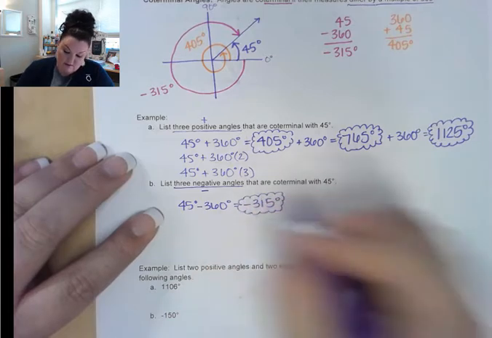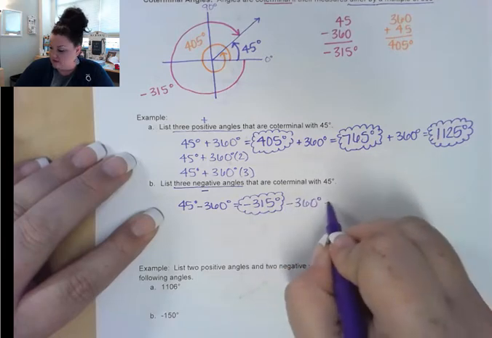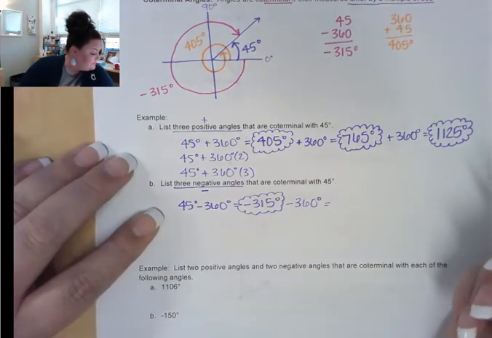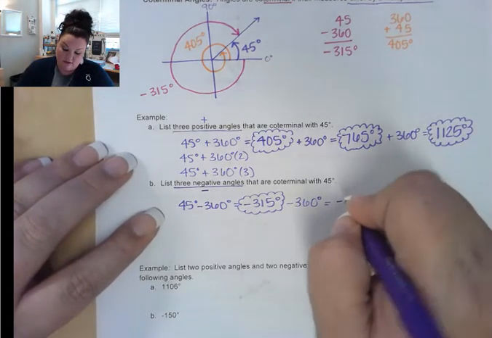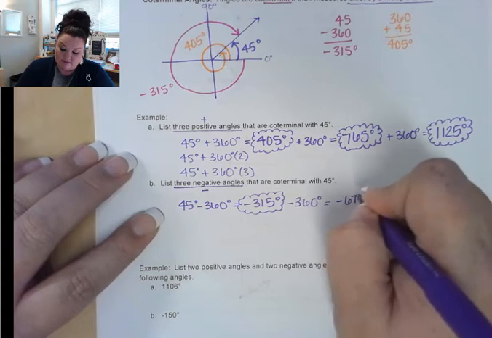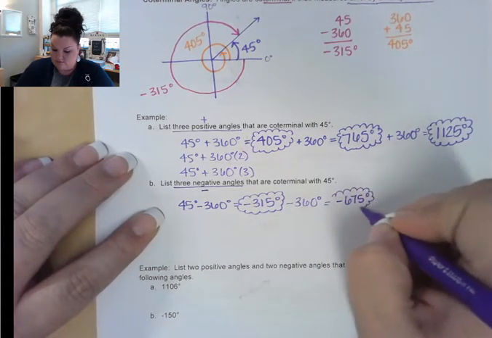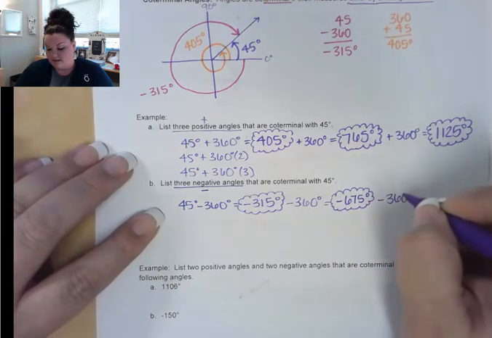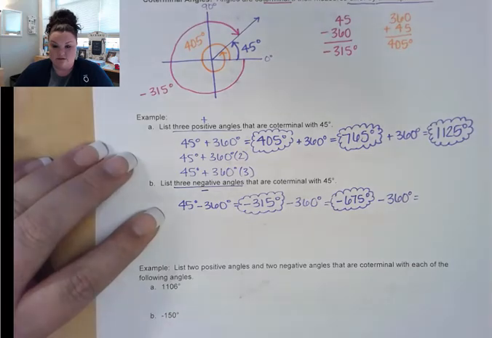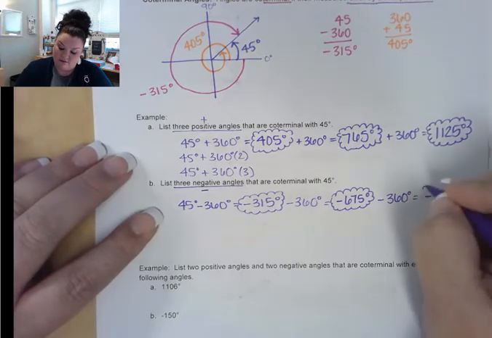Then I subtract another 360 degrees and I get negative 675 degrees. Then I subtract another 360 degrees, one more copy of 360, and that gives me negative 1,035 degrees.